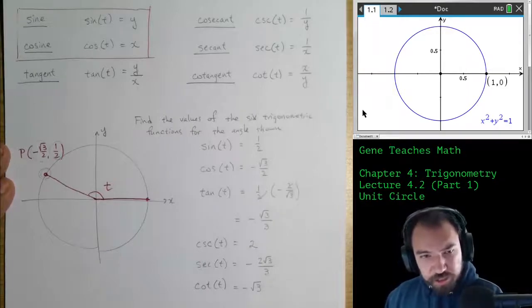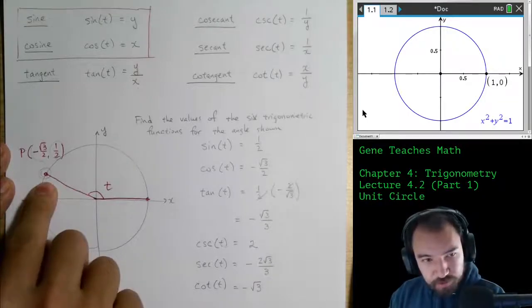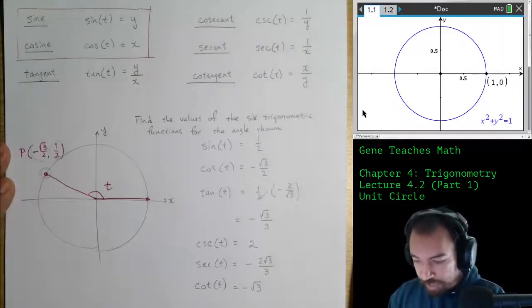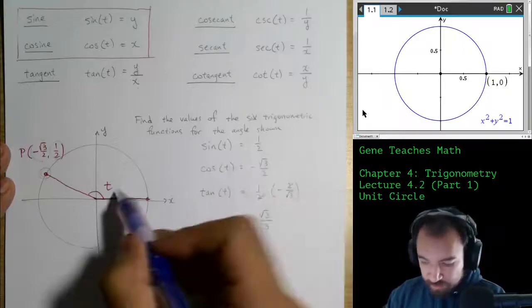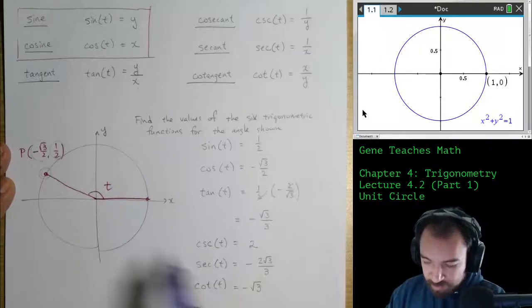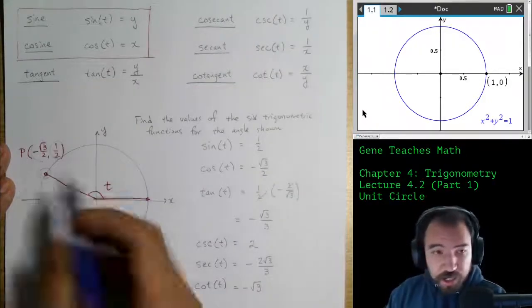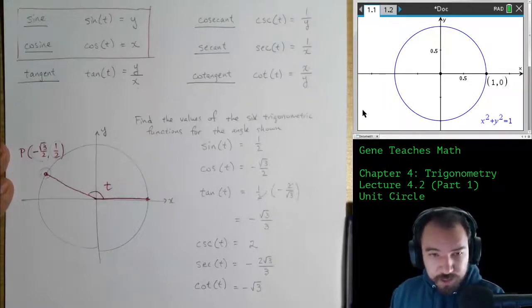It's a very strange idea because we don't know the value of the angle, but that's not essential to us. All we need is a point on the circle, and then we can figure out the values of sine, cosine, tangent, cosecant, secant, and cotangent of that angle simply by using these definitions and the x, y coordinates of the intersection.